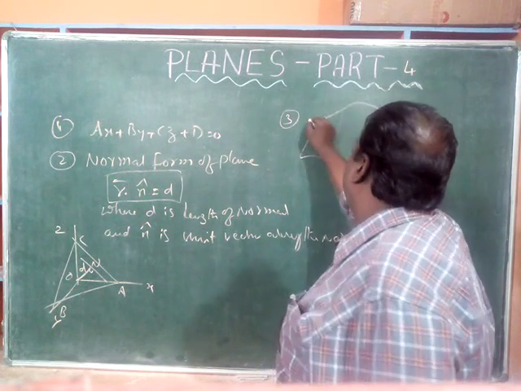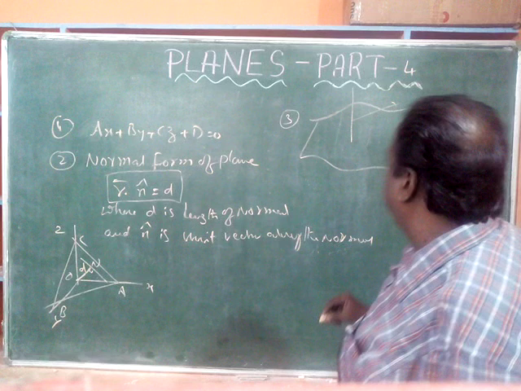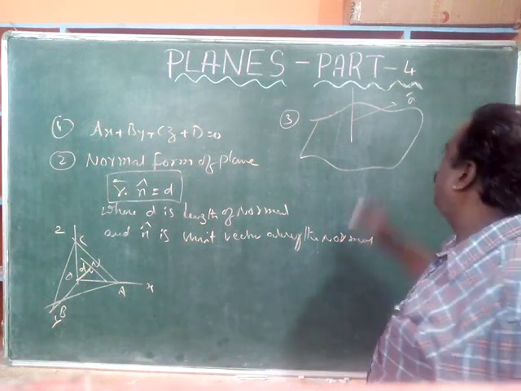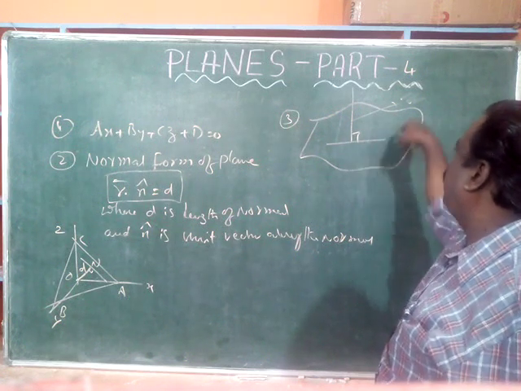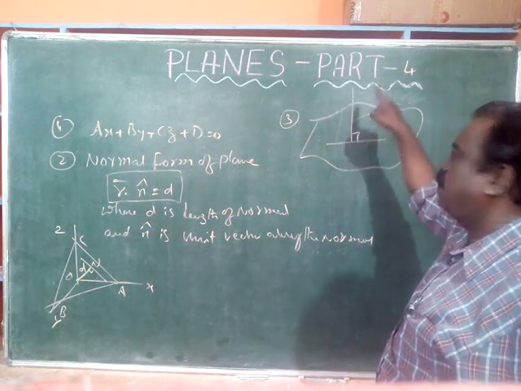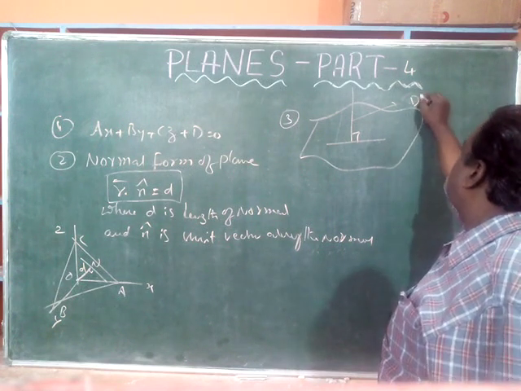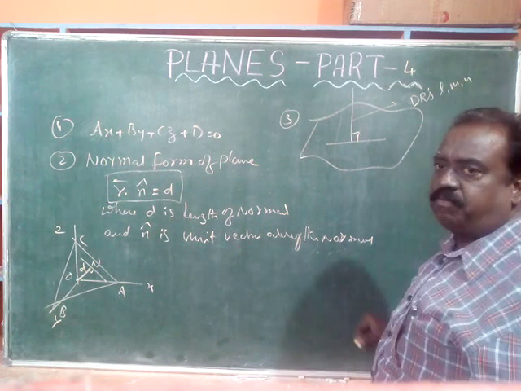Next, third one. Suppose a plane is like that and a vector a bar is given. Or otherwise, it is a perpendicular to the plane. It is a normal to the plane, you assume, whose DRs are L, M, N. Don't confuse.